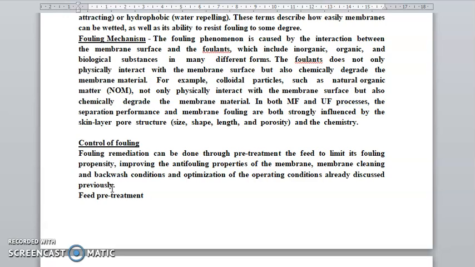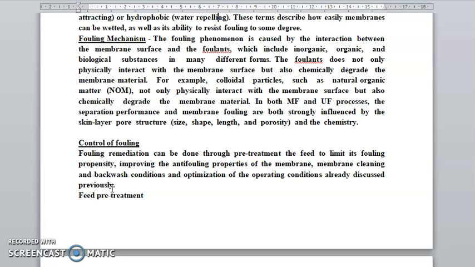Foulants do not only physically interact with the membrane surface, but also chemically degrade the membrane material. For example, colloidal particles such as natural organic matter not only physically interact with the membrane surface, but also chemically degrade the membrane material in both the membrane filter and outer filtration process.